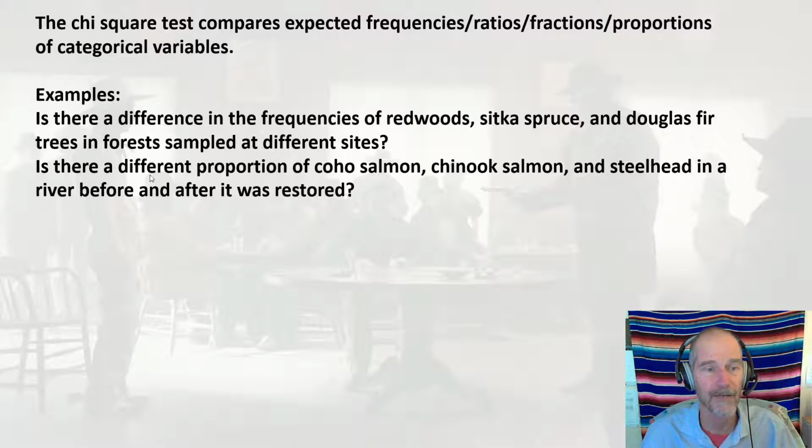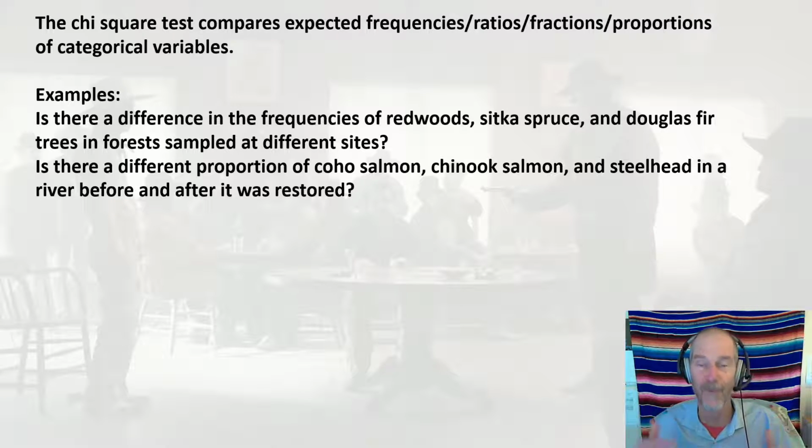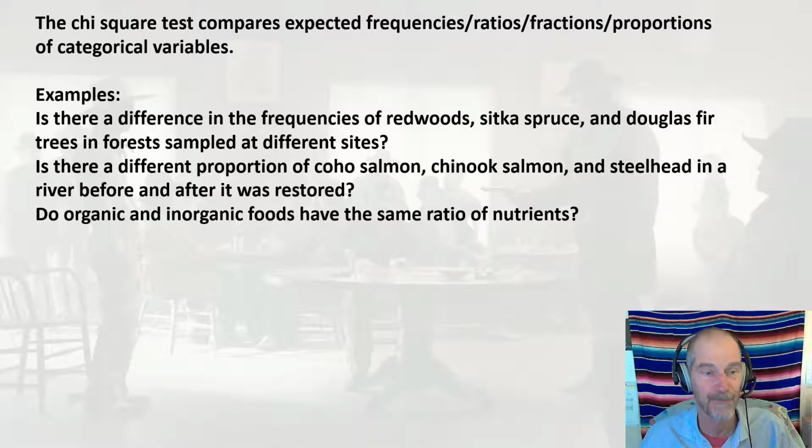How about this? Is there a different proportion of coho salmon, Chinook salmon, and steelhead in a river before and after it was restored? I might also want to know if there's greater numbers of these fish before and after restoration, but it's a different question if the proportion of species has changed before and after restoration. How about, do organic and inorganic foods have the same ratio of nutrients?